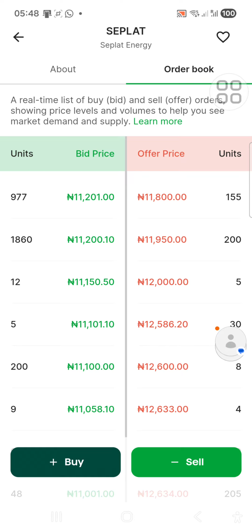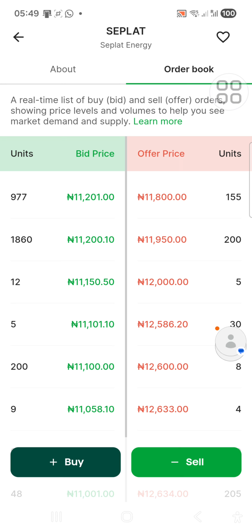So what you need to be looking at is the highest bid against the lowest offer. If the lowest offer is lower than the market price, just bid for the lowest offer.